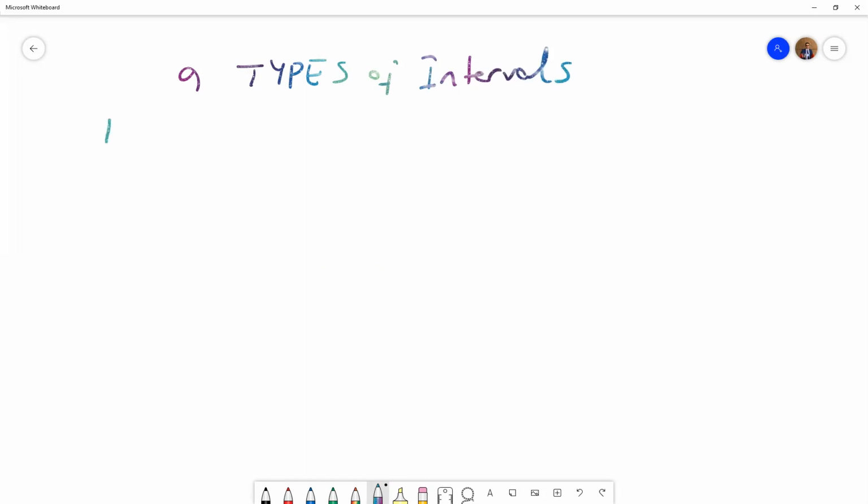What are they? First one is open from the left and open from the right. B is open also. So we are going to write here open and open here.